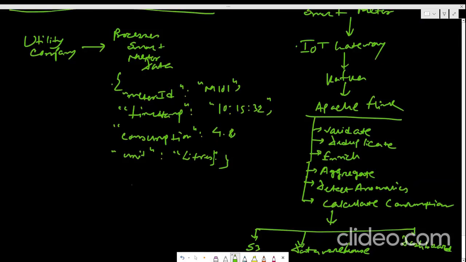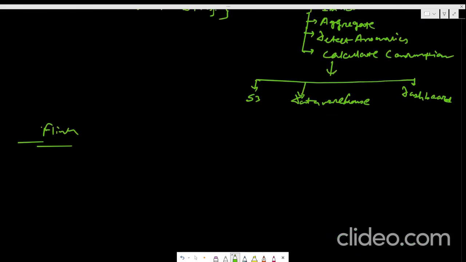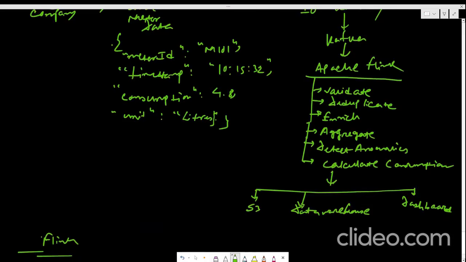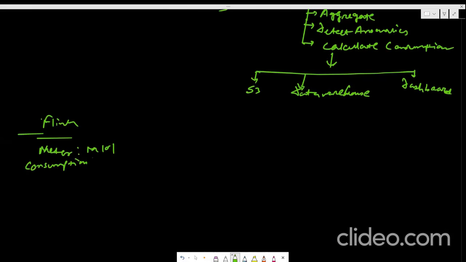So I'm just telling you here, what is the role of Flink here? Now I'm going to tell how. Suppose for the meter AM101, generally consumption normally is, I'm saying, suppose 4 to 6 liters.